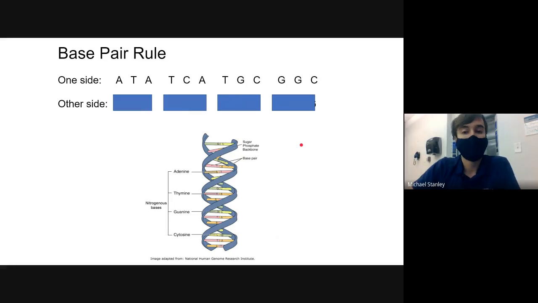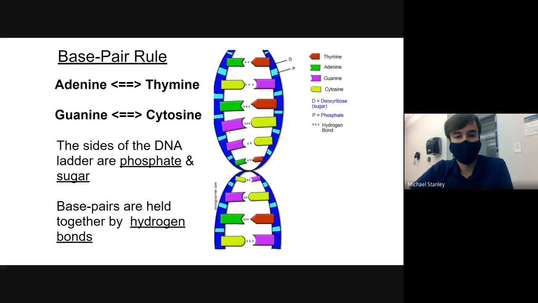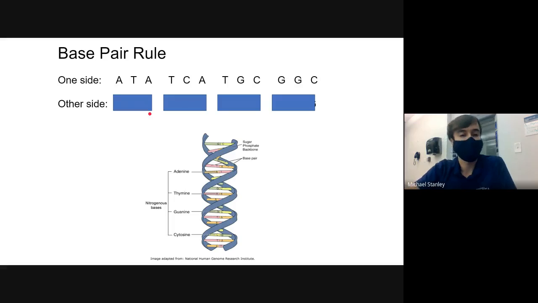All right, so I want you guys to do a little bit of practice here with me. Let me make sure this is going to work the way I think it will. It does. So here is one side of our DNA molecule. Based on this, I'm going to have you guys tell me what the other side of the DNA should look like.